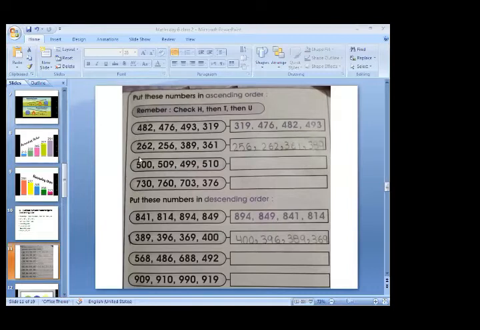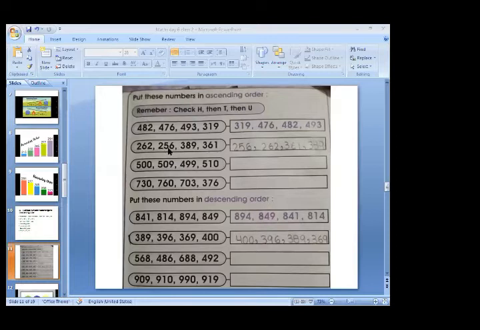So which digit is smallest at the hundred place? 2, 2, 3, 3. There are two twos, so as the hundred place is the same, we check the tens place. 6 and 5. Which one is smaller? 5 is smaller, so we write first 256, comma.